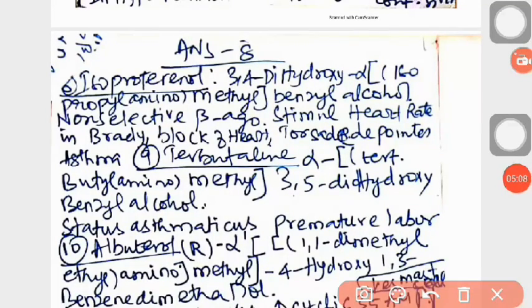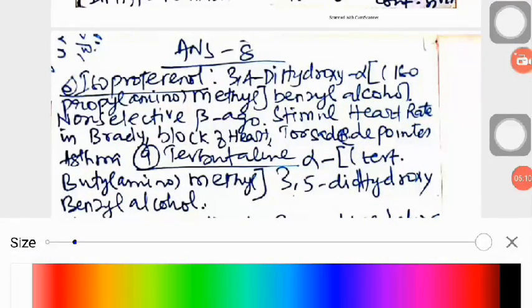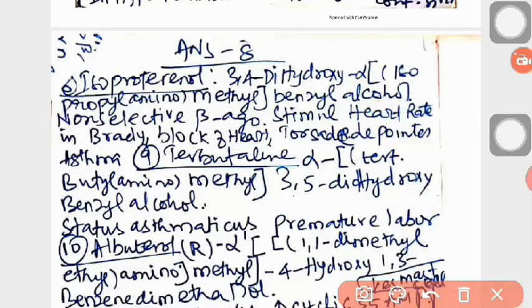We have come to the compound. So it is isoproterenol. I have told you: 3,4 dihydroxy alpha isopropyl amino, bracket closed, methyl, square bracket closed, benzyl alcohol.